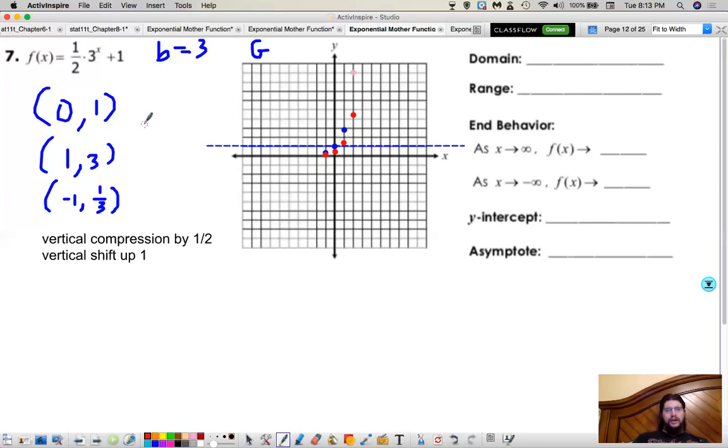All right, now I need to shift all of these points up 1. So let's see. I'm going to do a nice, how about black? So this one's got to be almost touching the asymptote. It's right there. I don't want to put it on the asymptote, so let me just do that. It should be lower, but yeah, it's a dot. That should be at a half.